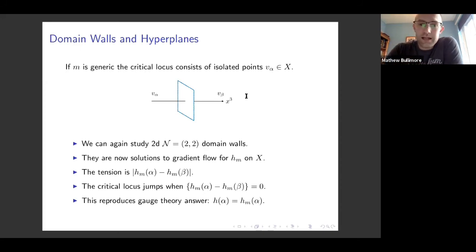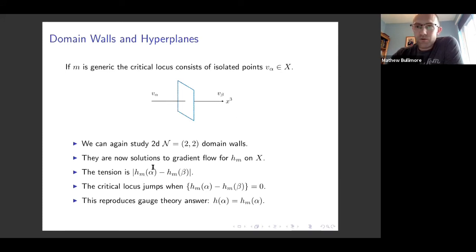then one way to do that is to think about domain walls that interpolate between the two vacua. So for example, we can imagine a domain wall filling the x^1-x^2 plane that interpolates between a vacuum v_alpha and a vacuum v_beta. And if I want a domain wall that preserves (2,2) supersymmetry, then these are given by gradient flows for this function h. So here I would look at a gradient flow that starts at the critical point alpha and ends at the critical point beta.